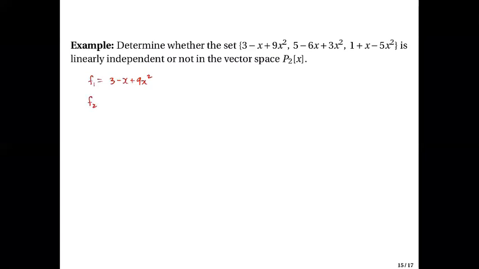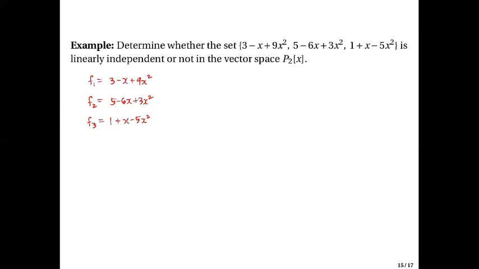This is your F2, 5 minus 6x plus 3x squared. And then your F3, we have 1 plus x minus 5x squared. So we want to determine whether F1, F2, and F3 are linearly independent or not.